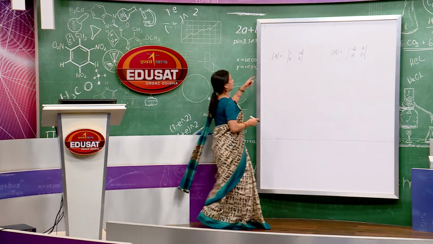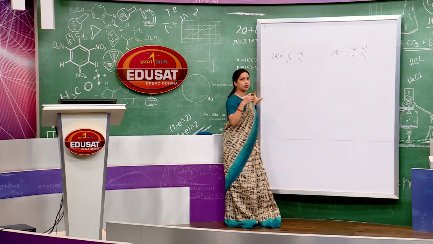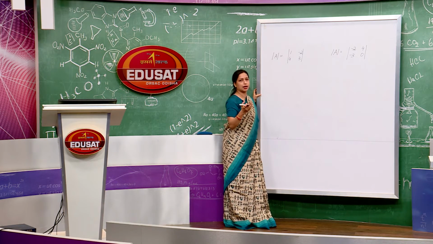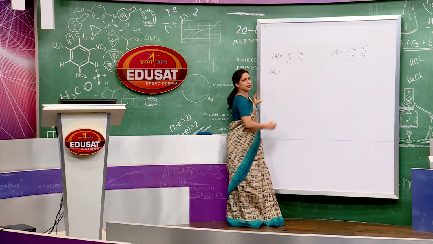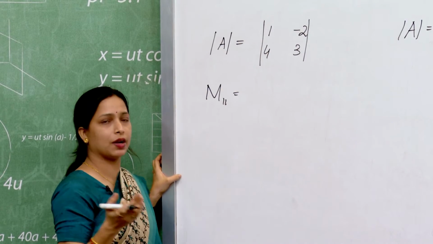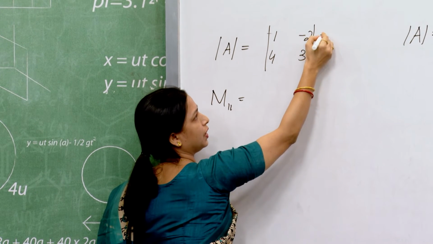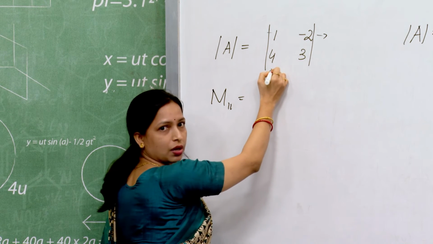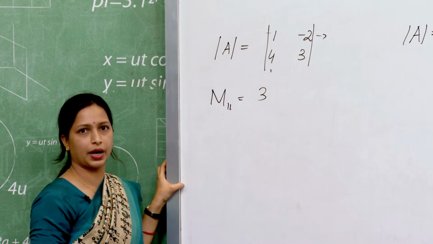Now, if this is the second order determinant, let us find out the minors first, so that you can understand it better, right. So, M11 means what? M11 means the minor of A11. So, what is the minor of A11? We delete the row and the column in which A11 exists, and the remaining is the minor, right.